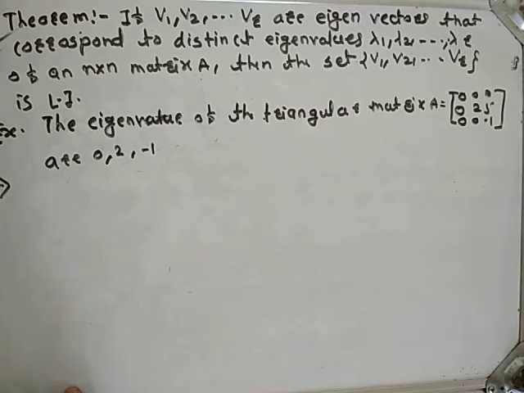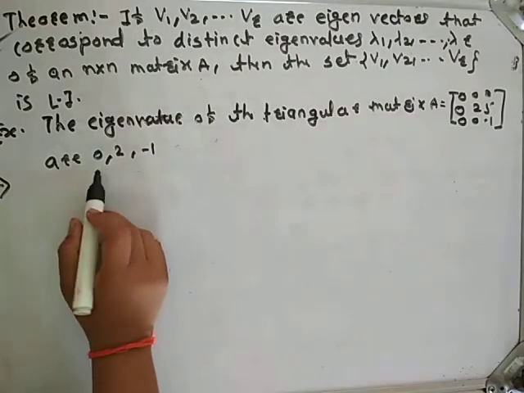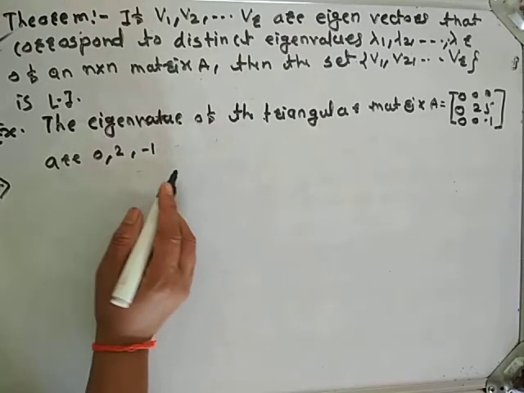We have to find the eigenvectors corresponding to the eigenvalues 0, 2, minus 1.